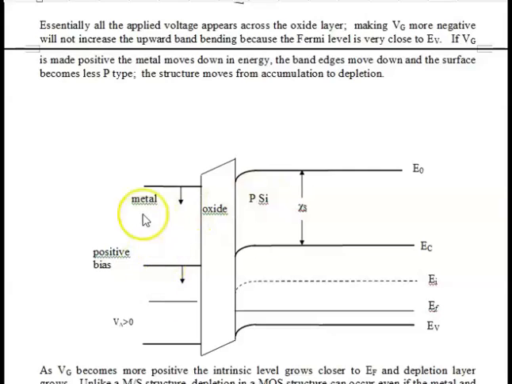And here we're pushing the metal down with a positive voltage. And we see from the diagram that this particular energy band diagram shows a structure in depletion.